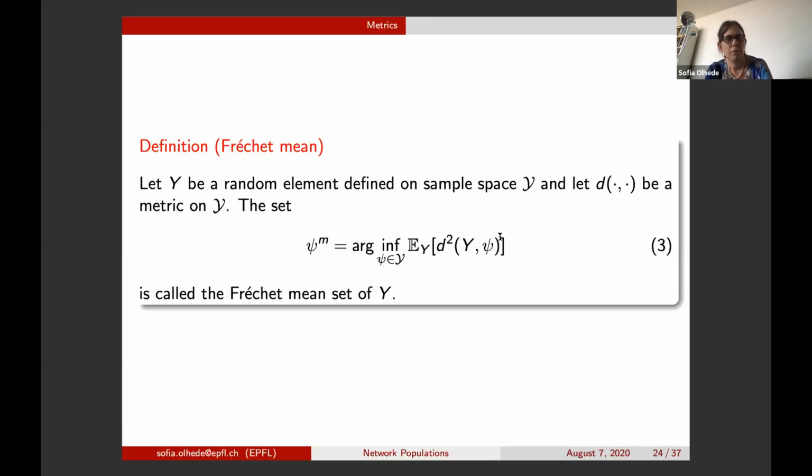And the typical way of doing it is to use the Frechet mean, which is to choose a typical shape which is in the family of shapes, so the distance to all of the shapes you've observed is minimized. And that's what we've written down as the definition. And this can also be used in the set of all networks.